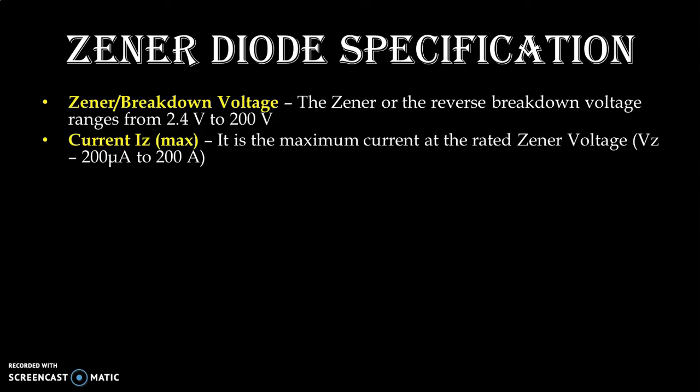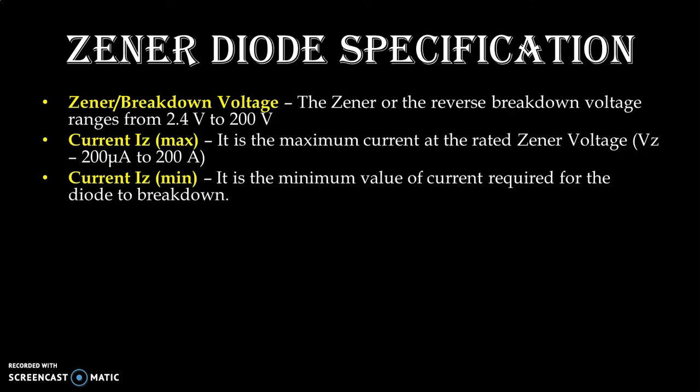The maximum current may be in the range of 200 microampere to 200 ampere. Current IZ minimum. It is the minimum value of current required for the diode to break down. Once the reverse current reaches the minimum value, then and only then breakdown happens.